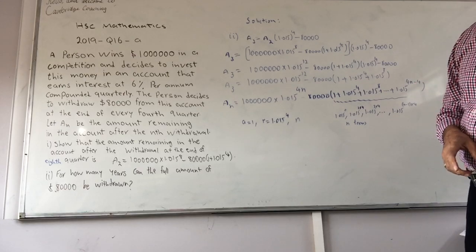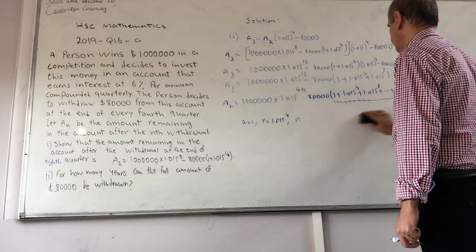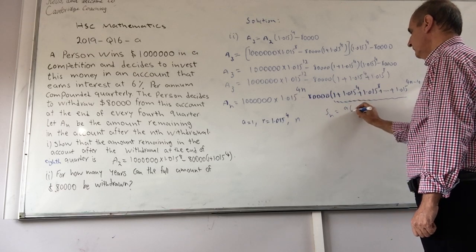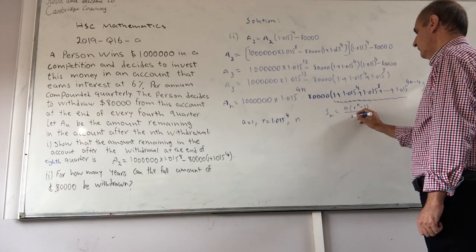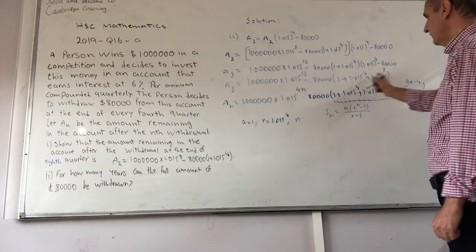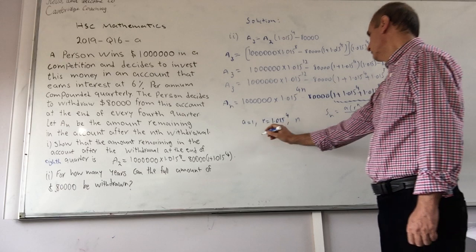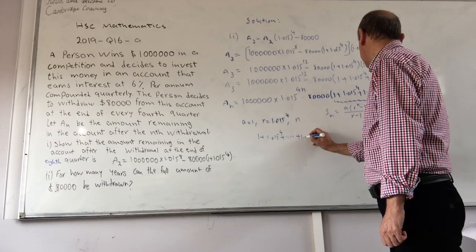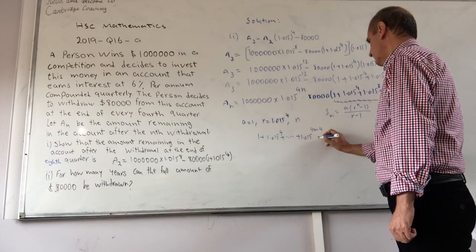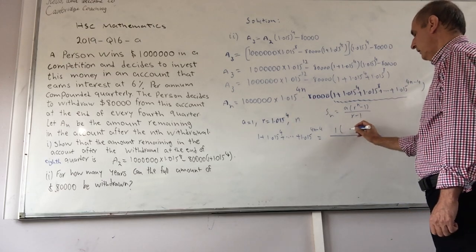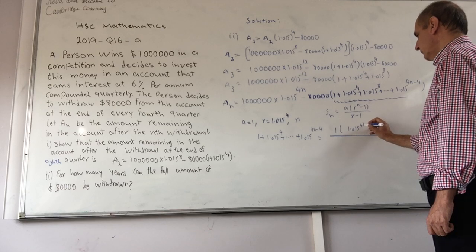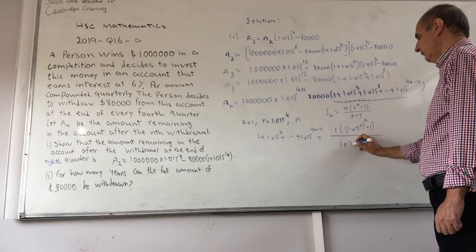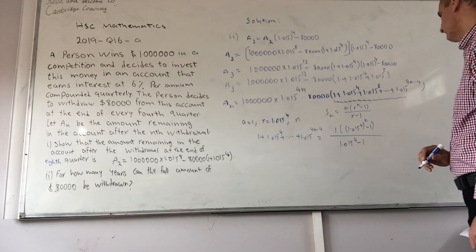Now using the formula for the sum of a geometric series, which is Sn equals A times r to the n minus 1 over r minus 1, all the terms in the bracket add up to A, which is 1, r, which is 1.015 to the 4, then to the power of n minus 1, divided by r minus 1, which is 1.015 to the 4 minus 1.